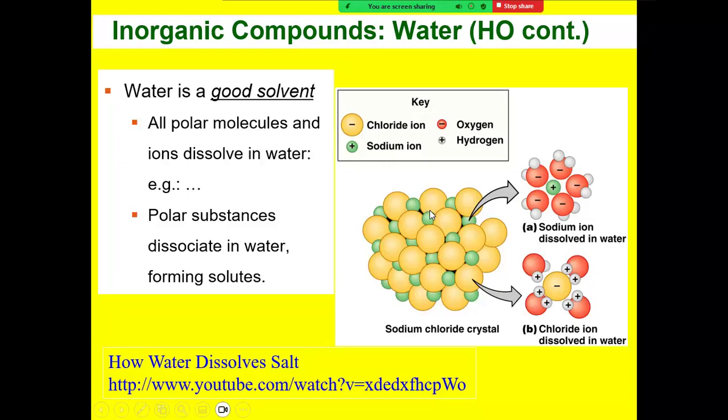And water can come up to this crystal, and for the positive sodium ion, the oxygen will be attracted to the +1.